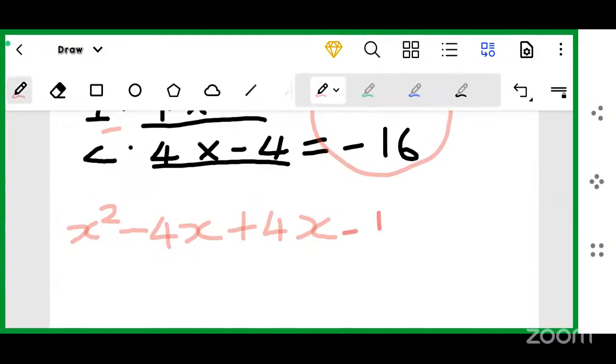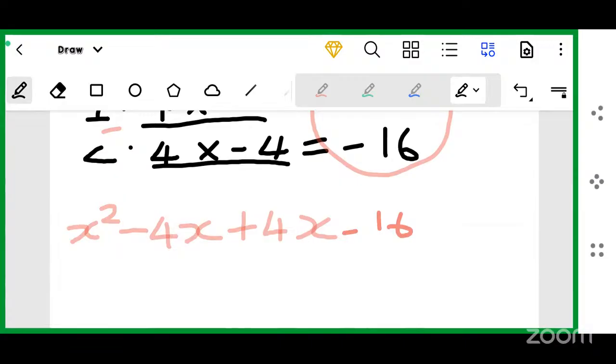So we write our negative 16. So now is the point whereby we look at like terms. Do you see any like terms there? The negative 4x and the positive 4x.